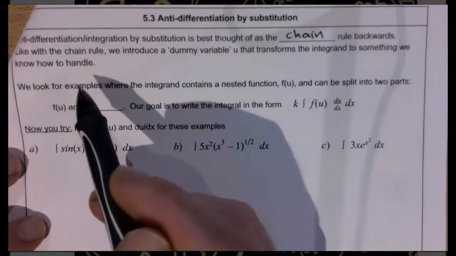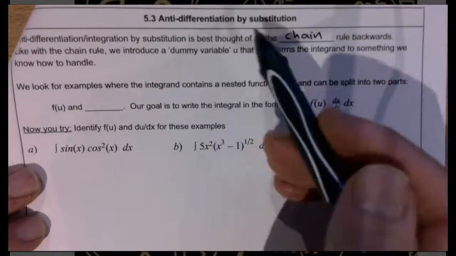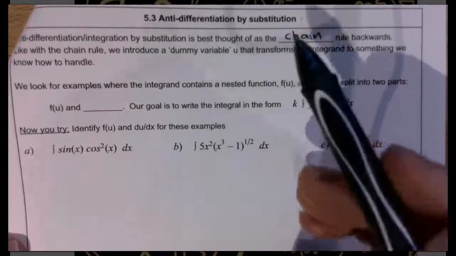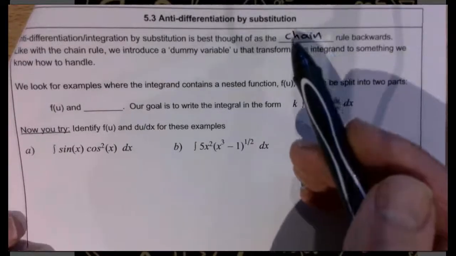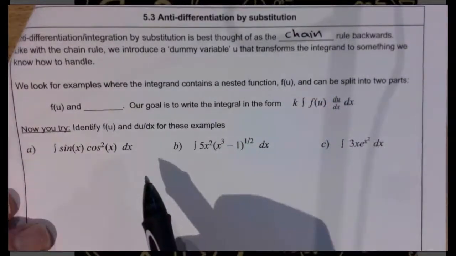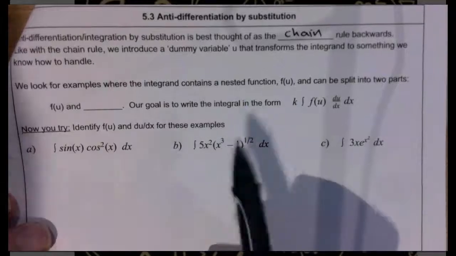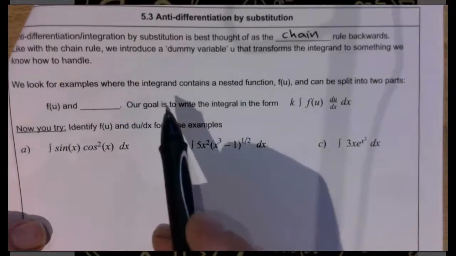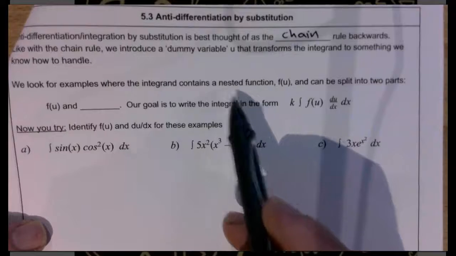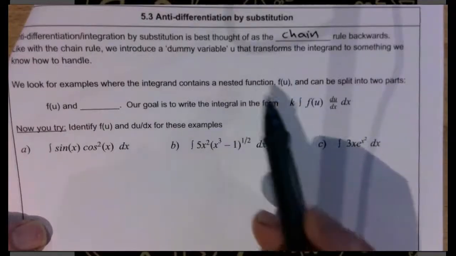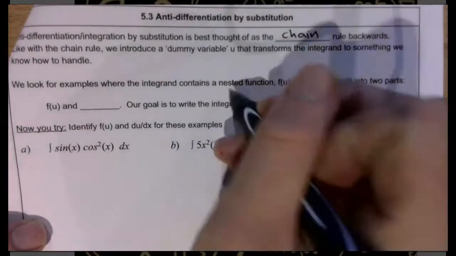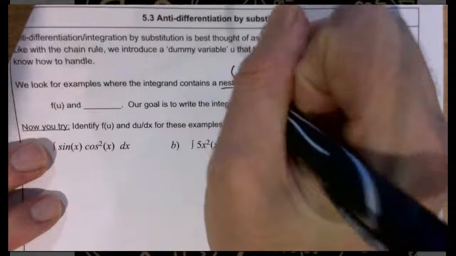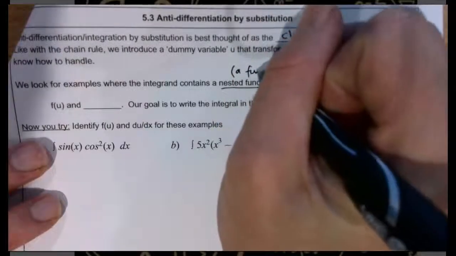That's the idea. So, in order to use substitution and to spot a substitution question, we're looking out for a particular pattern, just like how with the chain rule you look out for those patterns. What we're looking for is a function that can be split into two parts. I call it a nested function because I mean a function in a function.